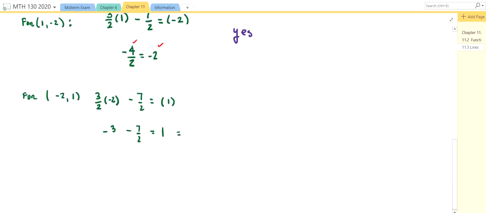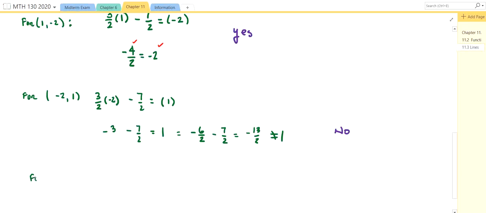Minus 3 is the same thing as minus 6 halves. I want the numerator and denominator the same, minus 7 halves. That's going to equal minus 13 halves. That does not equal 1. So no, this point pair does not satisfy this equation.